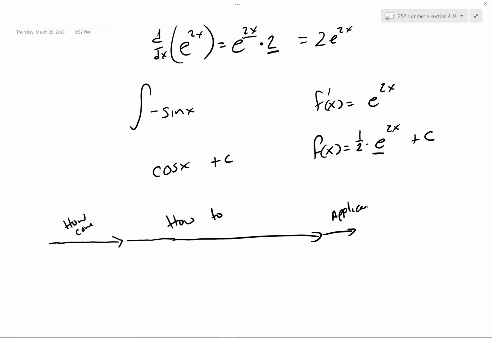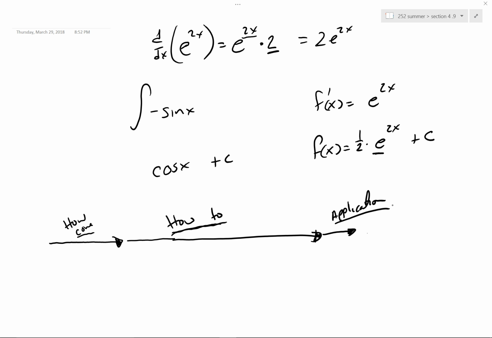Okay, it's going to be kind of how it comes out for us. How comes? What do we do? How do we go about them? What does it mean? We're going to do some of that. Today, obviously, we just did a little bit of how-to. The next couple of sections are going to be about how comes. Then we're going to move back into a whole bunch of how-tos. And then toward the end, we're going to do the application piece of it.